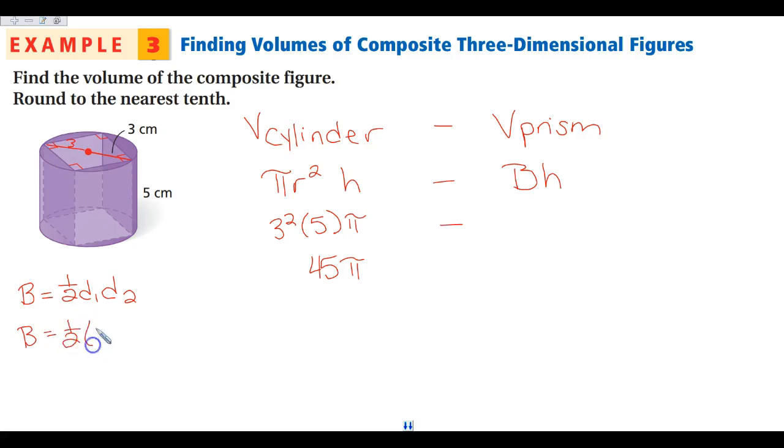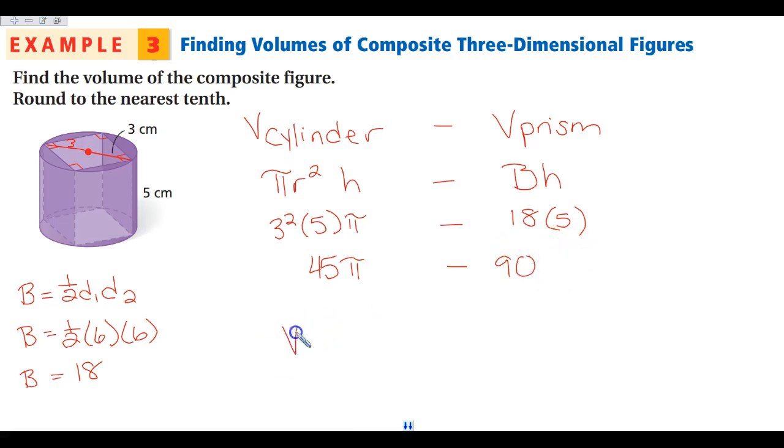And remember that your diagonals in a square are congruent, so it's going to be 6 times 6. So I'm going to do half of 6 times 6, which is 36 divided by 2, which is going to give me 18 for my area of my base. So this is going to be 18 times the height of the prism is still 5. All right, so I'm going to do 18 times 5, which is 90.